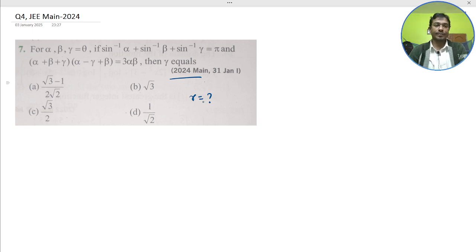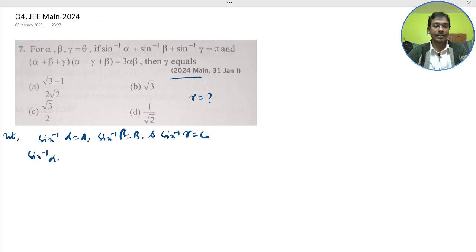So let us assume that sin inverse alpha equals A, sin inverse beta equals B, and sin inverse gamma equals C. So by the triangular property that is also given here, sin inverse alpha plus sin inverse beta plus sin inverse gamma equals pi is given, that is A plus B plus C would be pi.